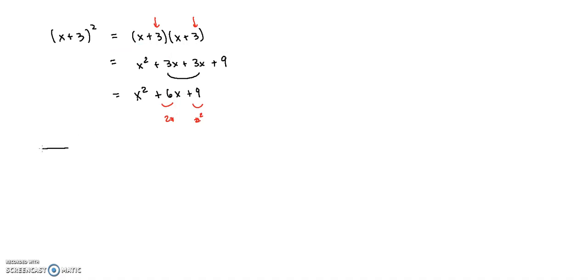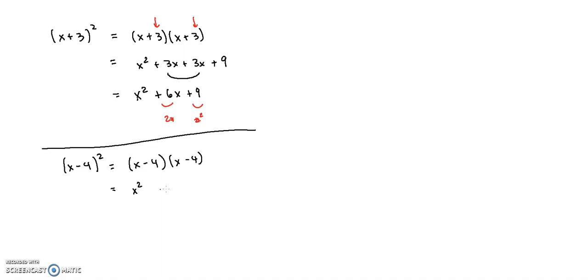So let's try another one. Let's say we've got x minus 4 squared. All right, so if we FOIL this out again, we're going to get x squared minus 4x minus 4x plus 16, and the middle two numbers combine, x squared minus 8x plus 16.